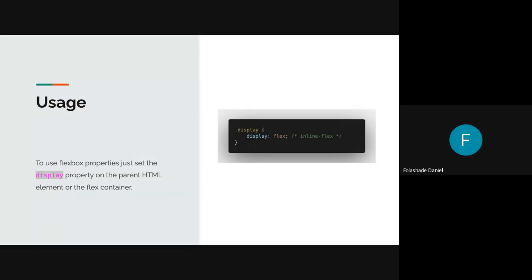So before you can start using these properties, we need to apply display flex to the parent element, the flex container. If you don't do this, some of the properties won't work. Not just flex actually, you can also apply inline flex, but majorly the flex value.